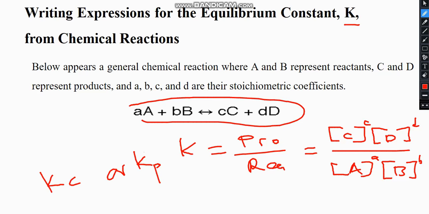And if what you have been given is pressure, the K value becomes Kp. So depending on what they have asked us, we can represent this as Kc or Kp. So Kc is the equilibrium constant in relation to concentration, while Kp is the equilibrium constant in relation to pressure.